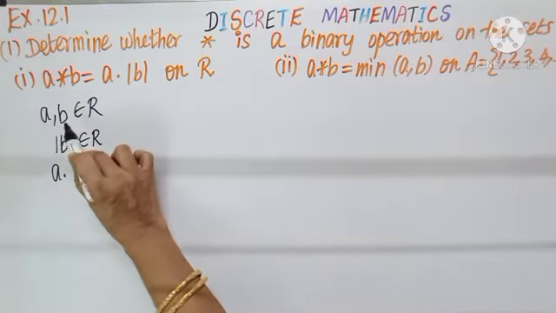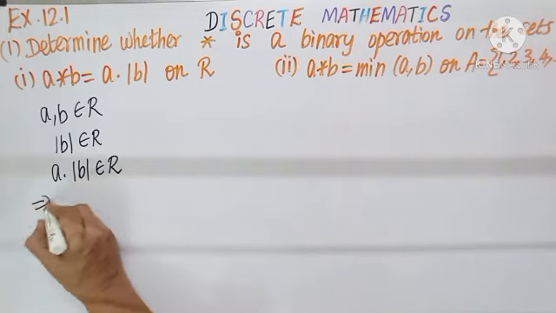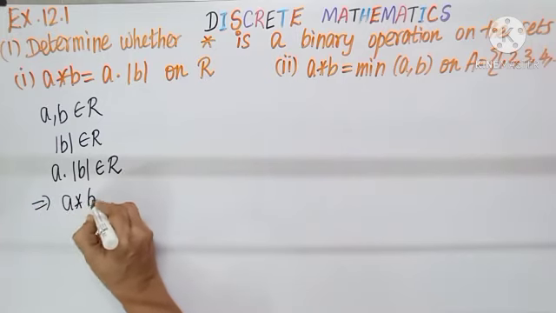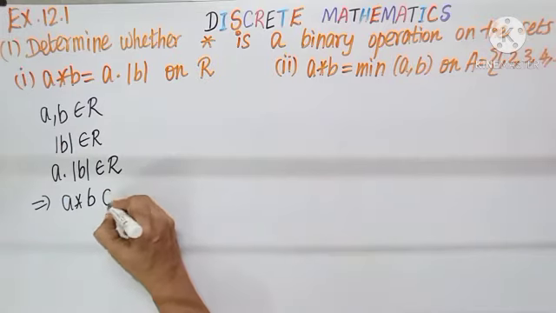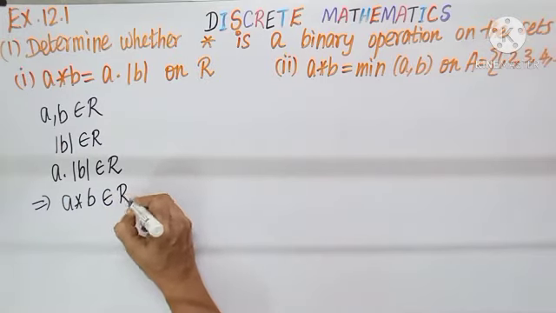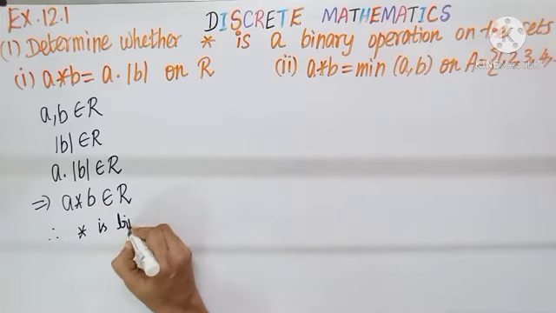Whenever A, B belongs to R, A star B also belongs to R. So I started with A, B belong to R. I ended with A star B belongs to R. Therefore, star is binary in R.